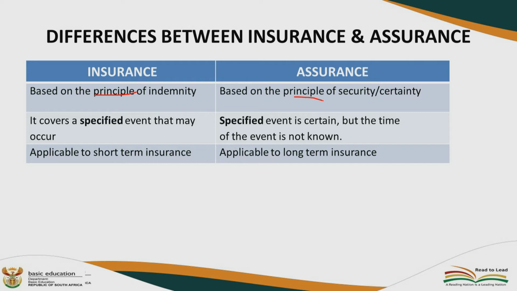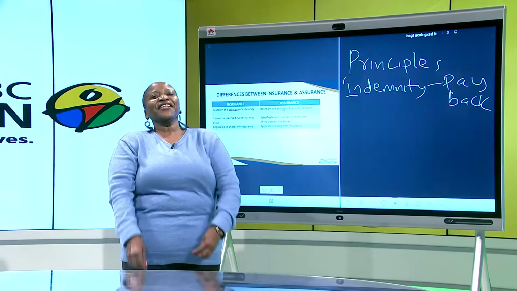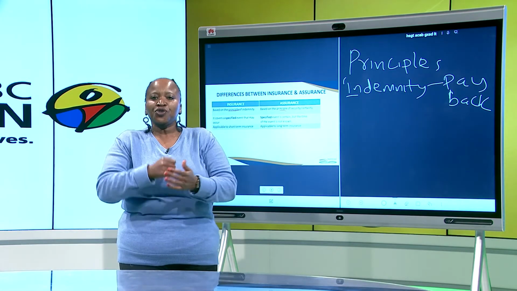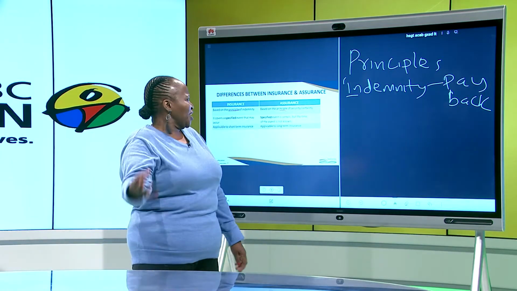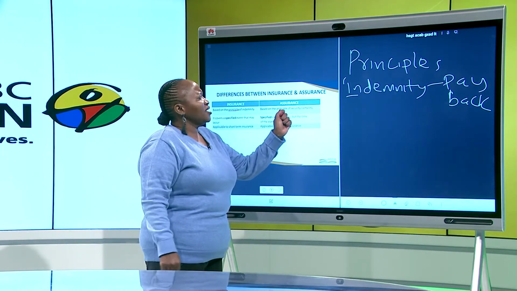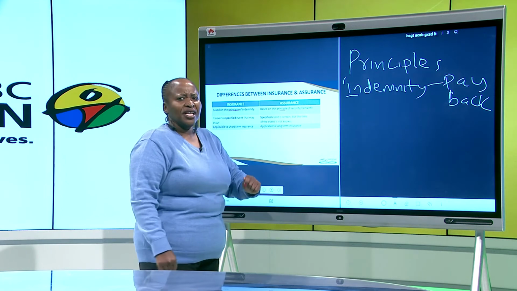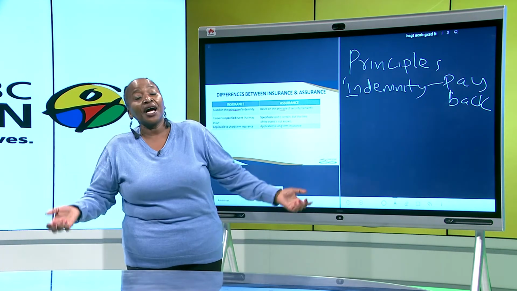Assurance, the word assure, what does it mean? You are rest assured. If the event takes place, the insurer is going to pay. Hence, it is called assurance. It is guaranteed. What are examples of the principle of security, such as retirement annuity?